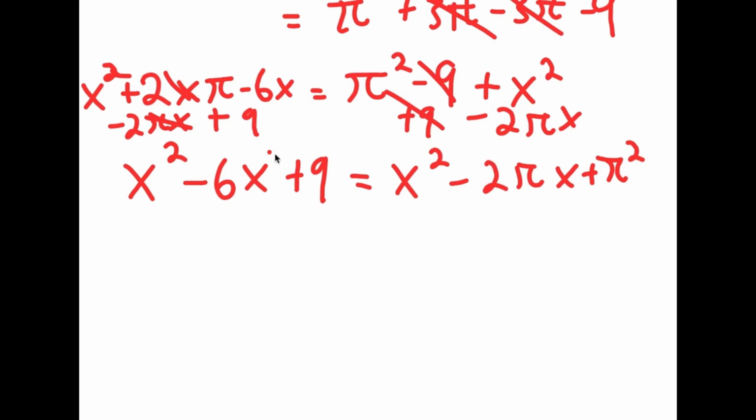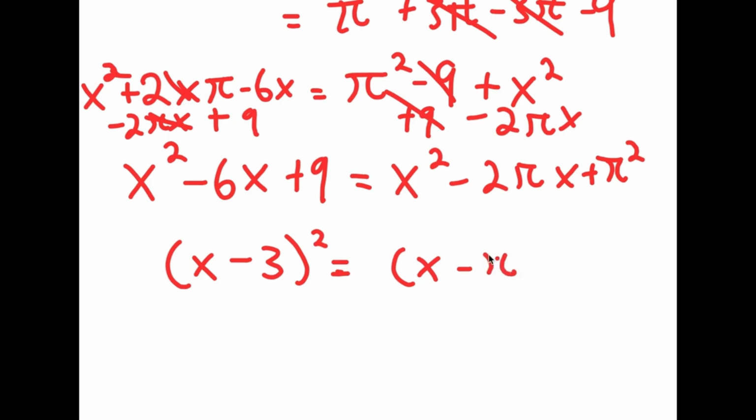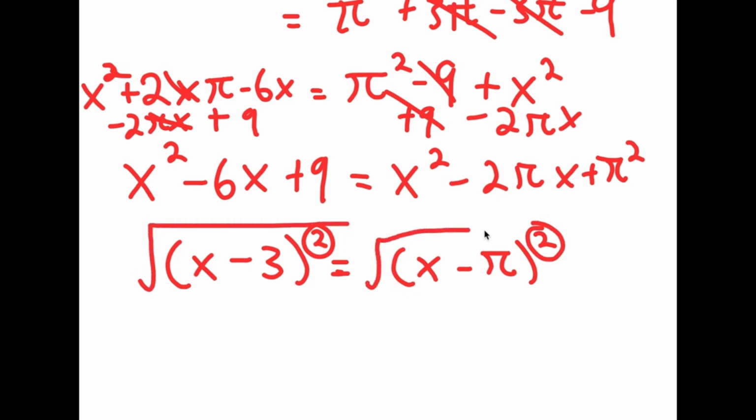And now x squared minus 6x plus 9 factors into x minus 3 squared. And x squared minus 2 pi x plus pi squared is the same thing as x minus pi squared. So I have x minus 3 squared is equal to x minus pi squared. And now I want to cancel these two squares, so I'm going to take the square root on both sides.